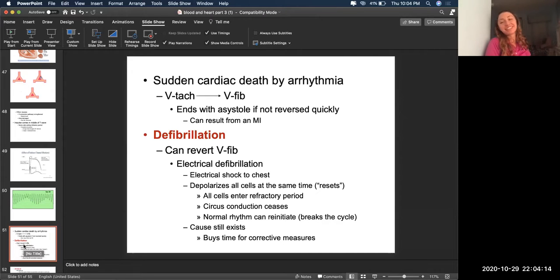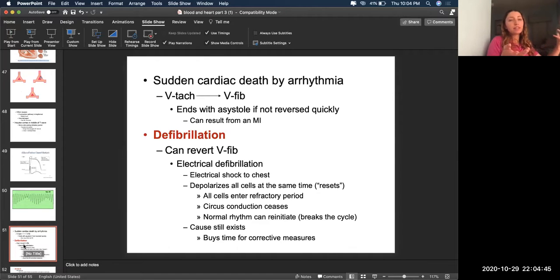Anyways, once they shock, it basically depolarizes all the cells at the same time and resets it, and all cells enter the absolute refractory period, because before it was stopping the refractory period and the circus conduction ceases, where it goes around and around and keeps repolarizing, and it can reinitiate the normal rhythm.